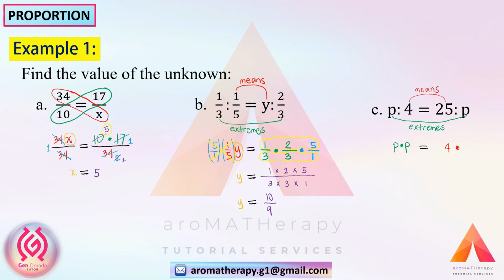To make things easier, we need to get the square root of both sides of the equation. The square root of p squared is equal to p. So circle p. You write p is equal to. Now, go for the square root of 4 and the square root of 25.